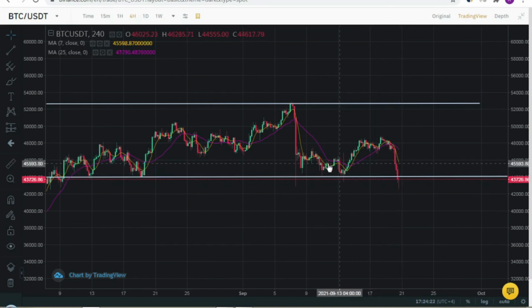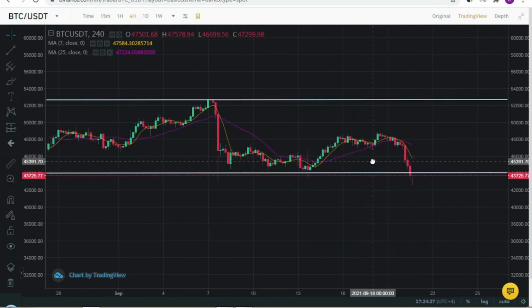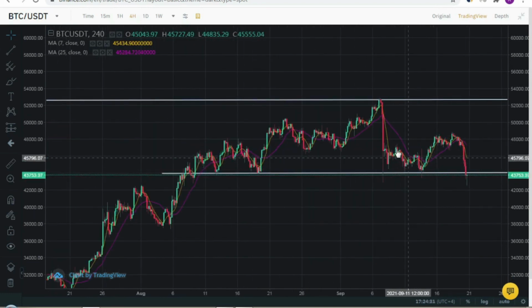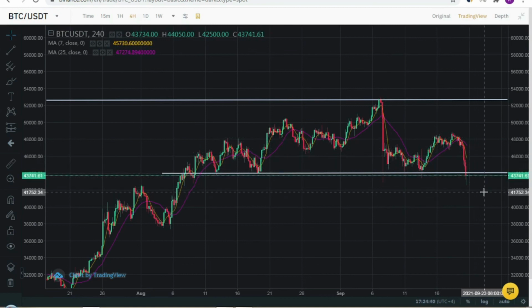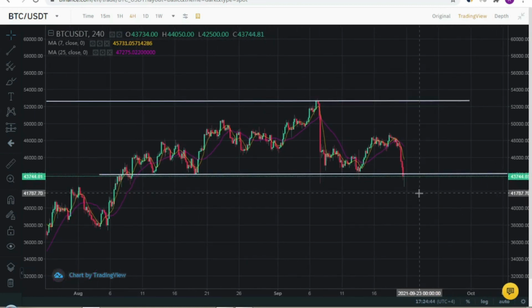But I think it will come down again, because you see that even the moving average here is also trying to form an M. This was some sort of funny W here and it went up, so this will want to form an M. I think it will come down like this, which means we could see 41,000 Bitcoin. This is assuming that this line does not hold. If it closes above, then we will not see that, most possibly.